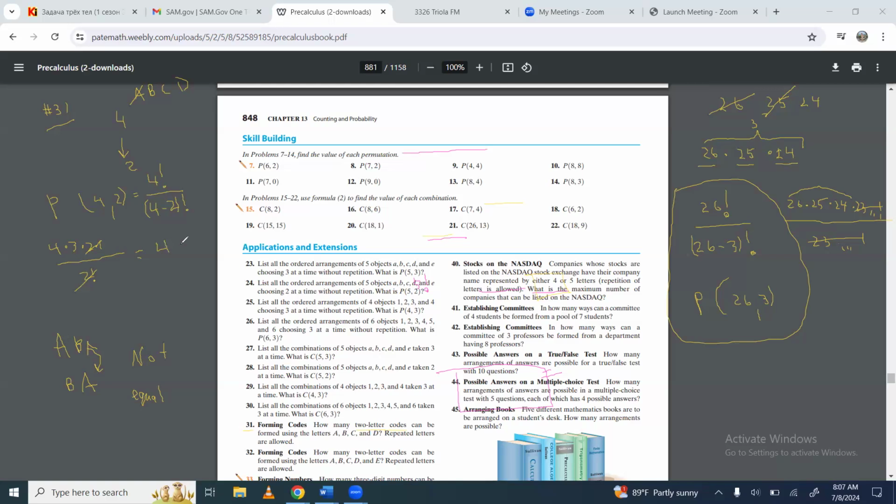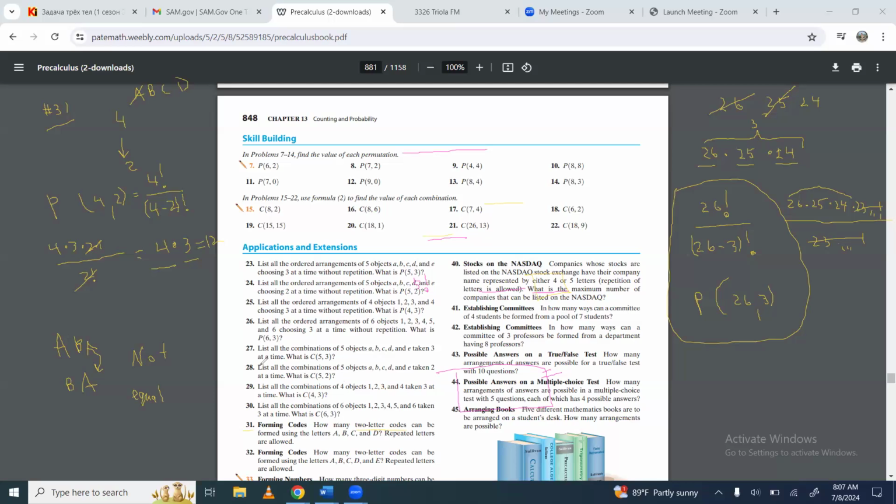And actually you didn't really have to use the formula. You could have said, I have to choose 2 letters. For the first selection, I have 4 choices. And for the second selection, and means times, I have only 3 choices, 1 less. So that's 4 times 3, which is 12.